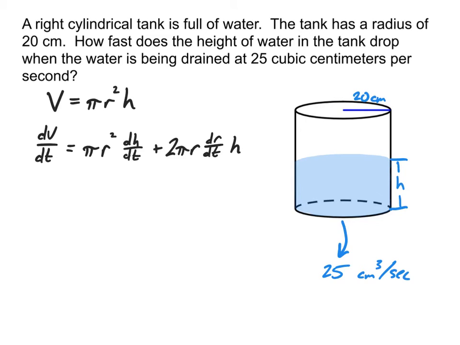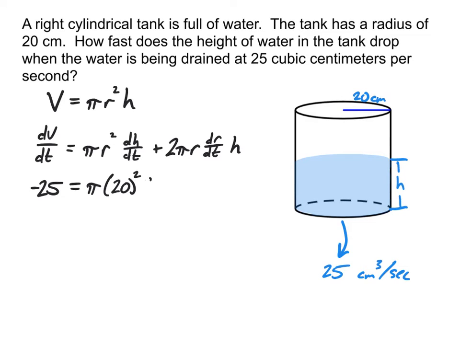Now that we've got all those pieces, we want to start plugging in any values that we know. Do we know what dV over dt is? Yes, we do. But it is not 25, it is negative 25, because remember that we are reducing the volume by 25 cubic centimeters per second. All right, then pi is pi, of course. The radius we know is 20, so that's going to be a 20 squared there.